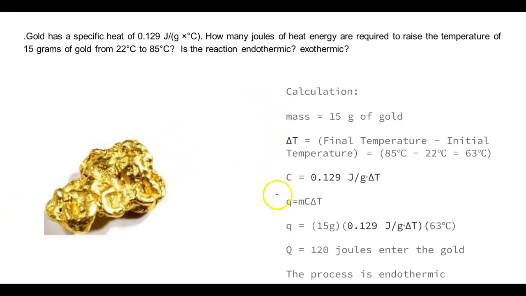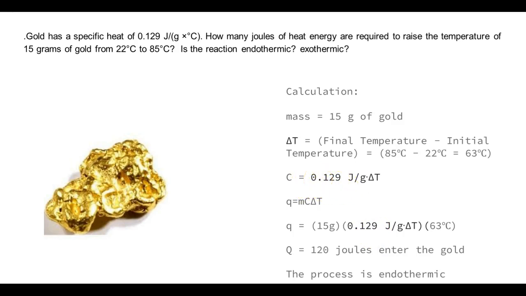Again, I'm going to plug in my variables in my equation. Keep in mind that my delta T is always final temperature minus initial temperature. In this case, it gives me a positive value. And when I plug these in, note that I'm not putting 4.18 as my specific heat capacity. Instead, I'm putting in the specific heat capacity for gold.